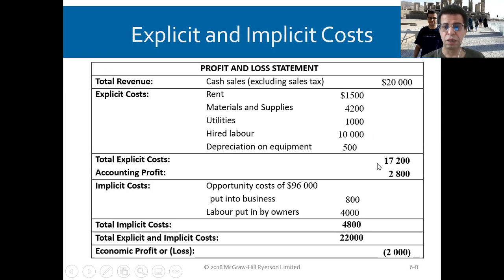The total cost is $1,720, and you made revenue of $20,000. That's your accounting profit of $2,800.